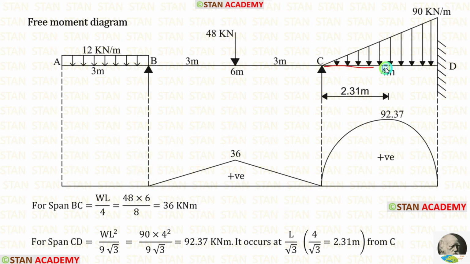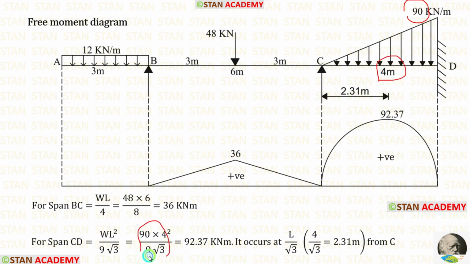In the span CD, there is uniformly varying load. It varies from 0 at the point C to 90 at the point D. The formula to calculate the maximum bending moment is WL square upon 9 root 3. In the formula, let us apply the values. W is 90, L is 4.